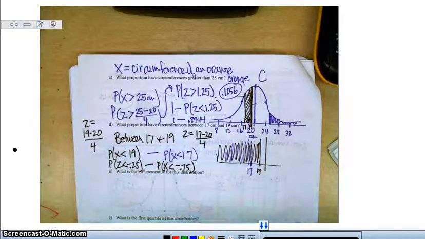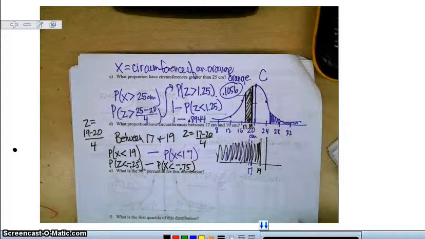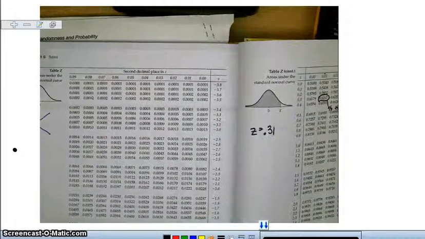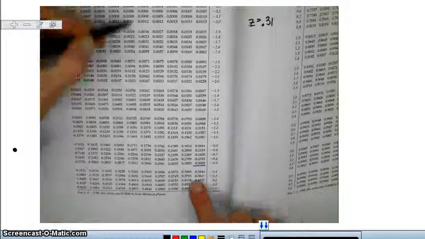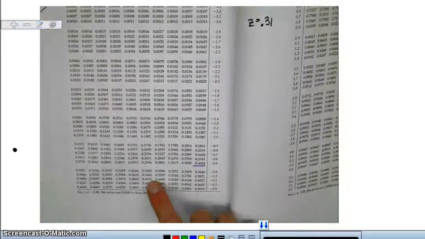So I'm going to go to my z distribution. I'm going to find the z-score of negative 0.25. I'm on this page, on the bottom. So negative 0.2, go over to 5, find where they meet, 0.4052.